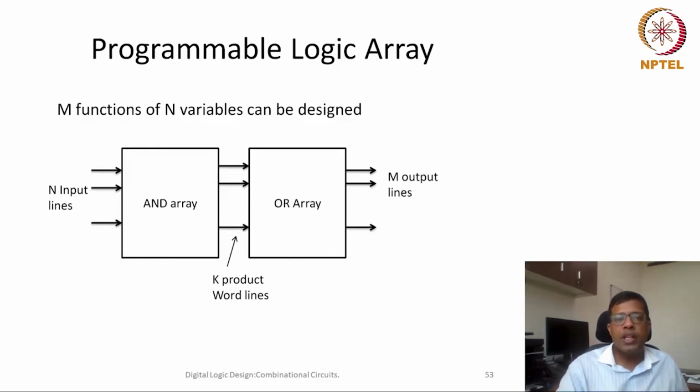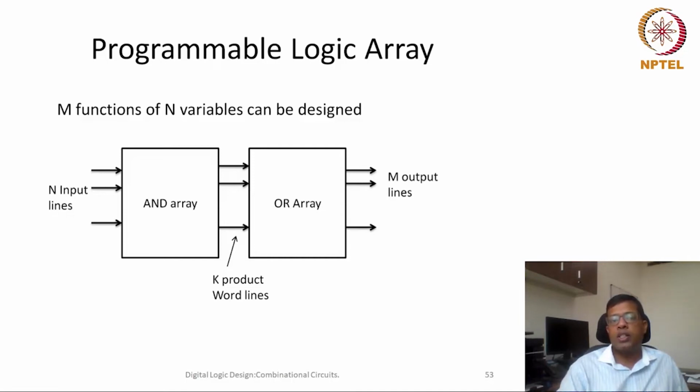So here in this programmable logic array, there are k AND gates, and all of these AND gates are connected to these n input wires, and actually 2n, because each input would be available in original as well as complemented form.